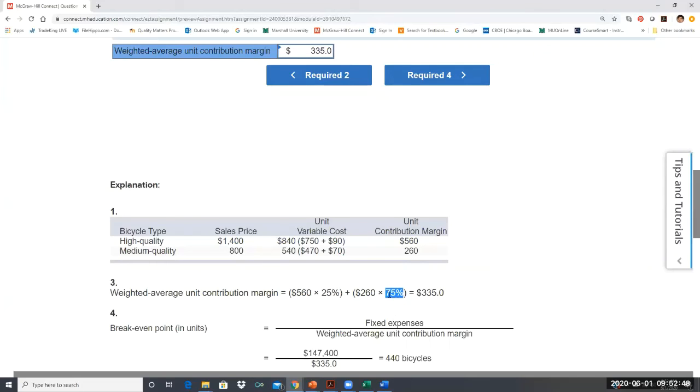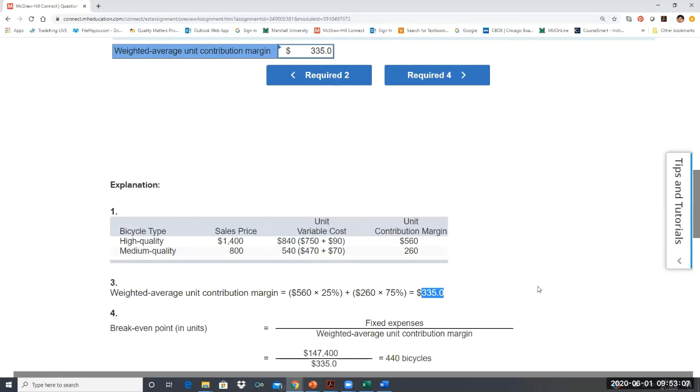Your weights are the relative sales mix. So you get the weighted contribution margin of 335. That is the most difficult part in the whole problem. If you know how to compute the weighted contribution margin, it should not be an issue.